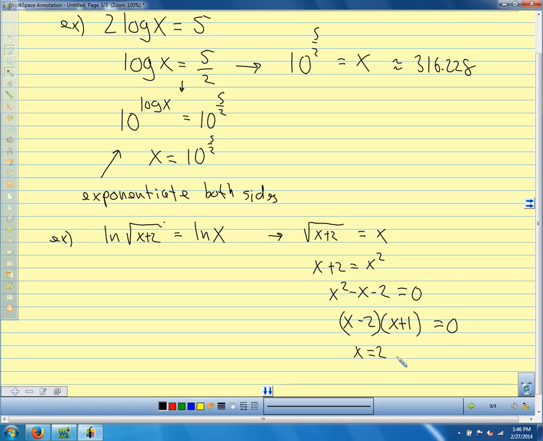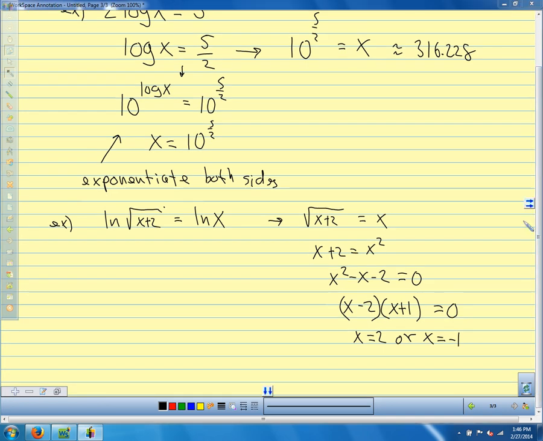So x equals 2, or x equals negative 1. And what do I need to do now? I have two solutions. I need to check my solutions, make sure they work.